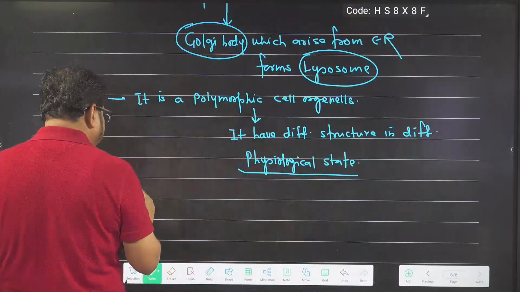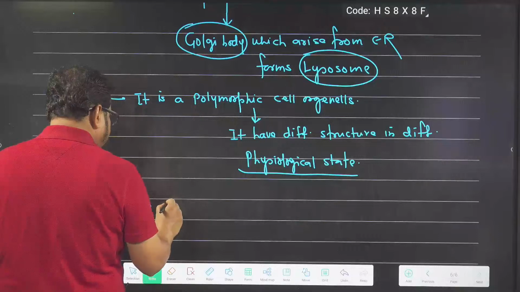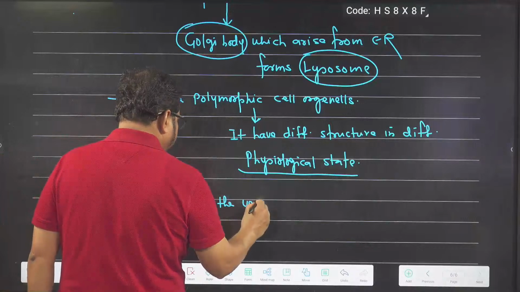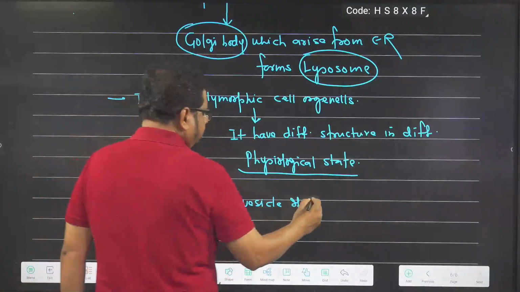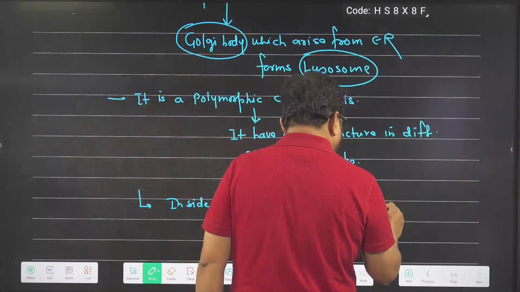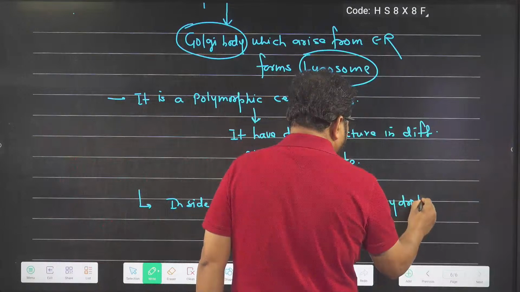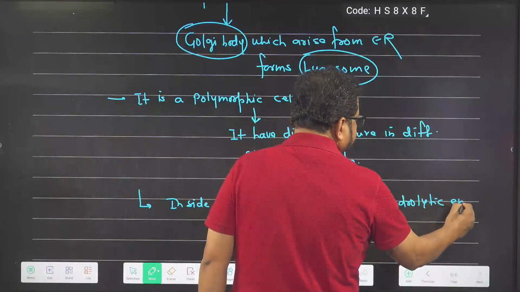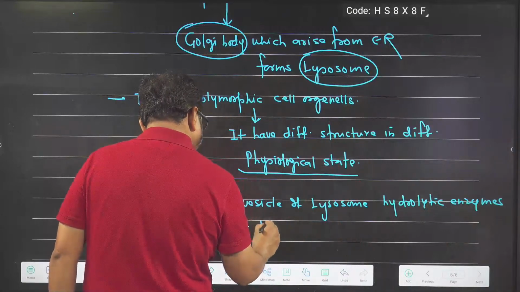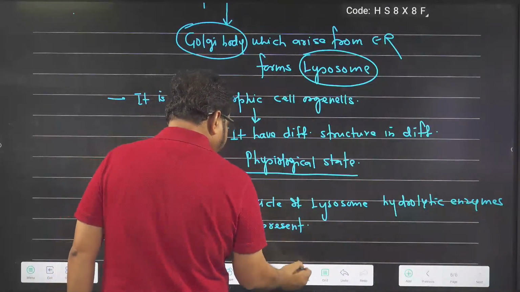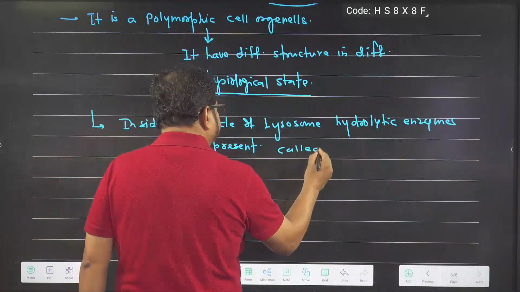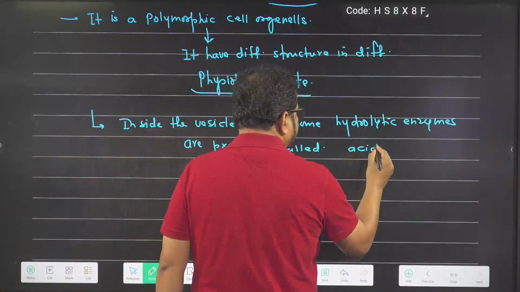So what is present in the vesicles of lysosome? Inside the vesicles of lysosome, hydrolytic enzymes are present. And these hydrolytic enzymes are called what? Acid hydrolases.